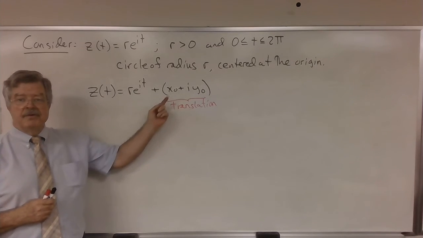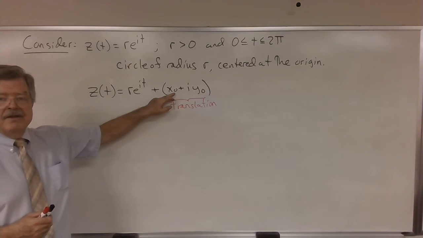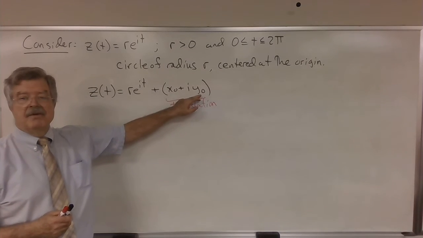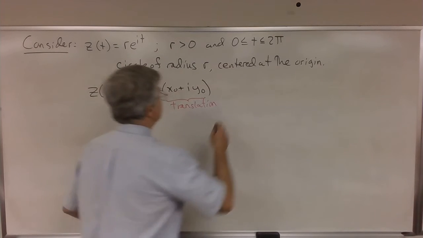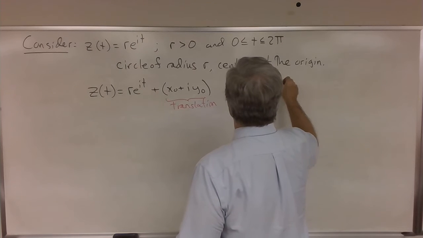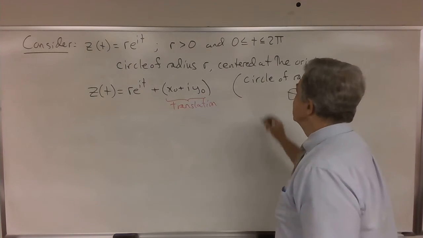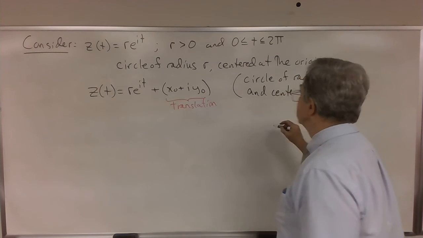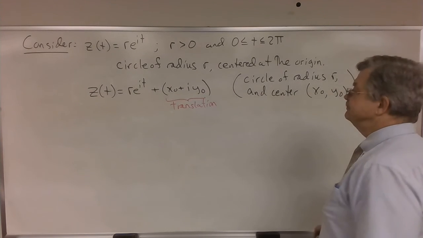They're just moved to a different part of the xy plane. They're moved x naught units to the right of the origin and y naught units above the origin. So this is a circle of radius r and center (x naught, y naught).